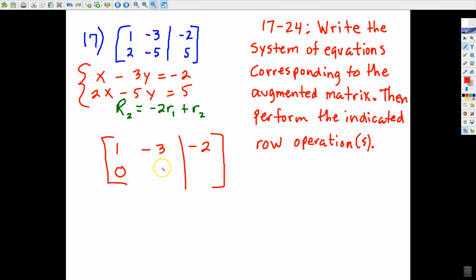Somebody raise your hand and tell me, after you perform the row operations, what would go here? Okay, what is that, Cody? Everybody see how you got 1? Negative 2 times negative 3 is 6, and 6 minus 5, or plus negative 5, is positive 1.